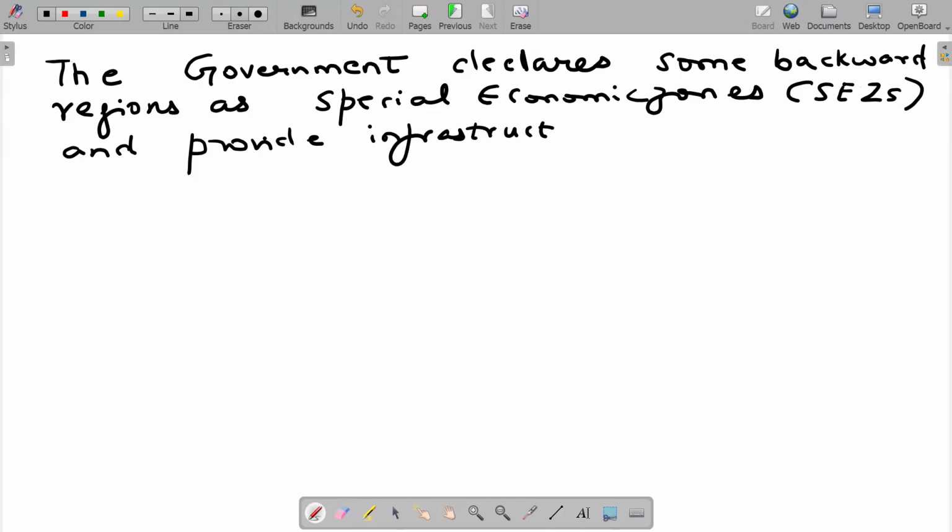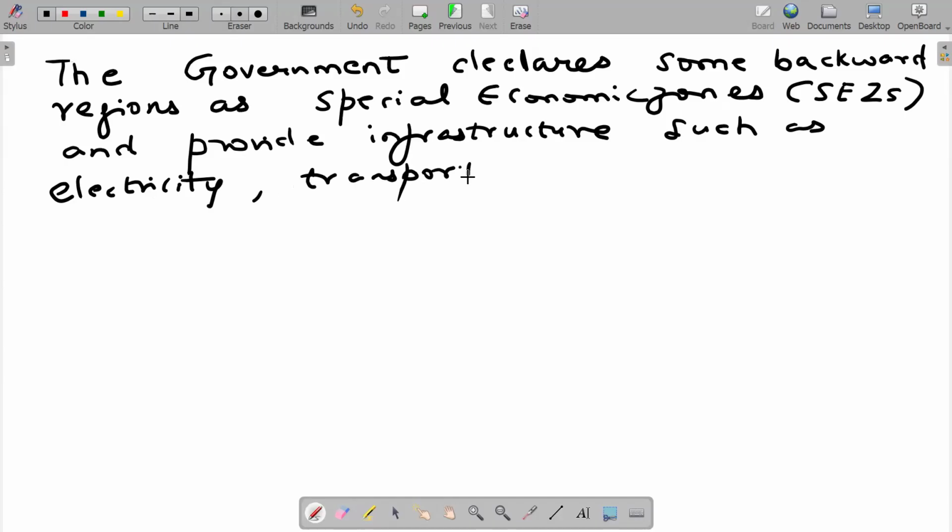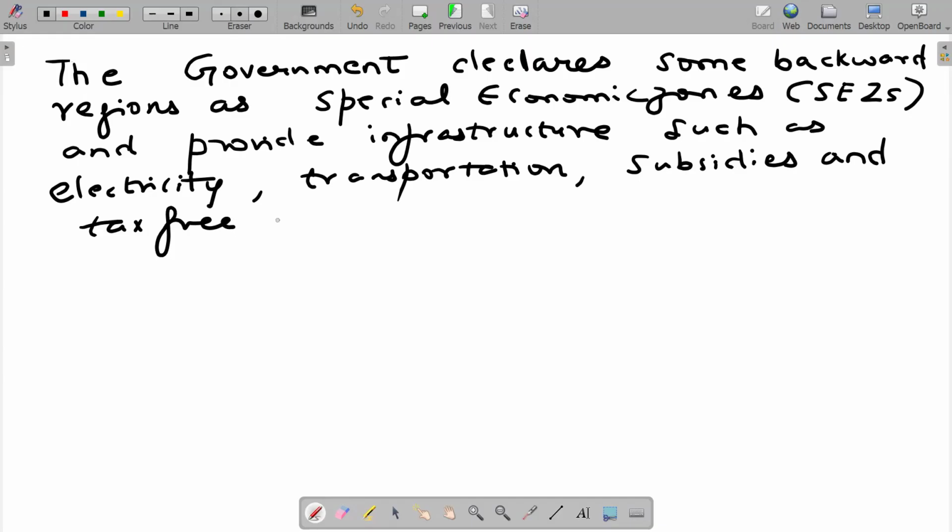electricity at subsidized rates, transportation, subsidies. We have tax-free holidays. All these the government does in backward regions to support their development.